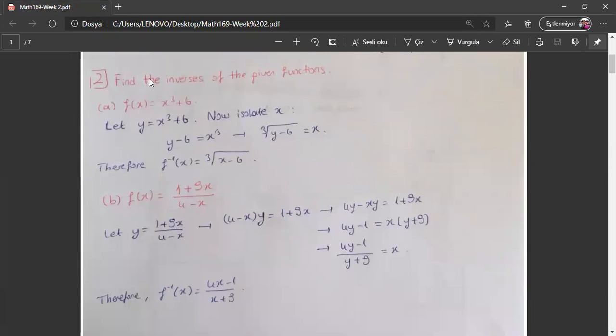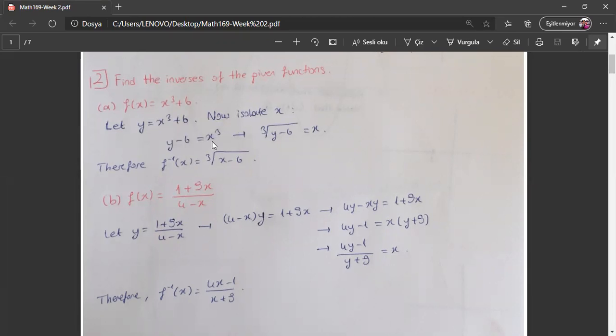Now we compute the inverses of the given functions. So we have this function x to the 3 plus 6. Now first we write it in this form, okay? Then isolate x from this equation, okay? Now let's first isolate x. So we have here y minus 6 equals to x to the 3.